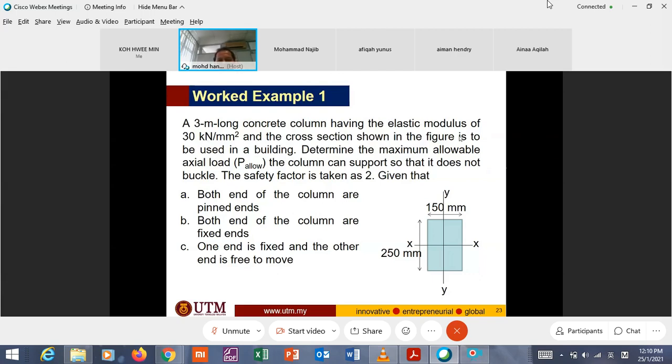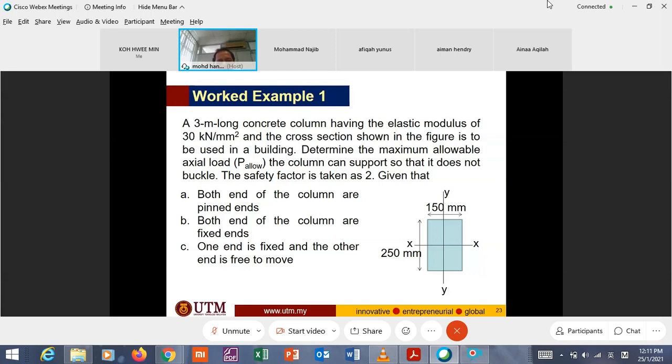And the cross section shown in the figure is to be used in a building. Determine the maximum allowable axial load the column can support so that it does not buckle. The safety factor is taken as 2. Okay, what is safety factor? What we are going to calculate is P allowable, from P critical.